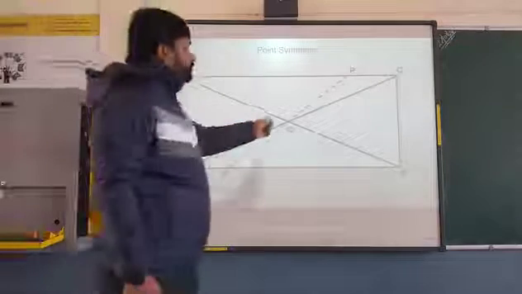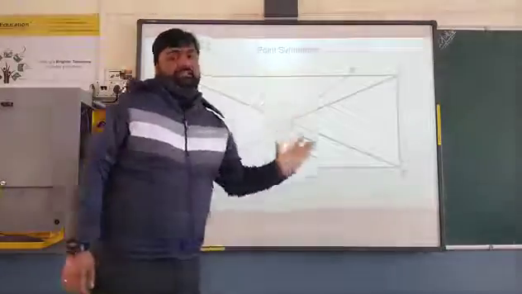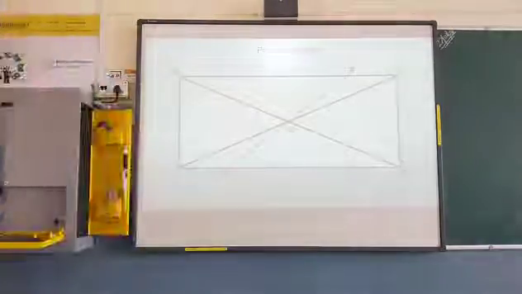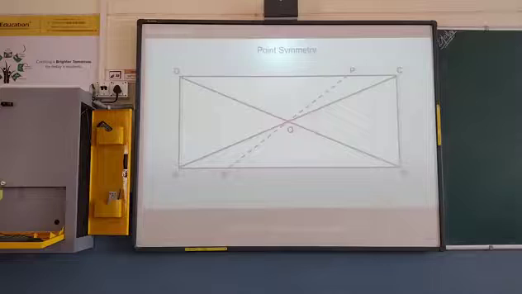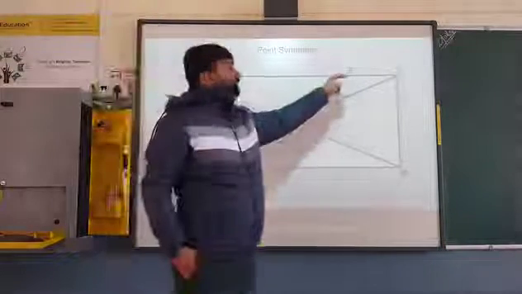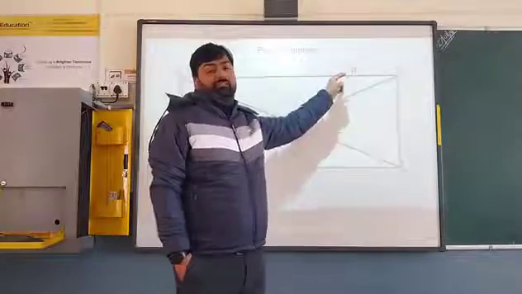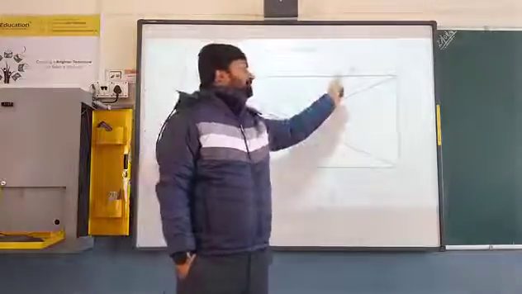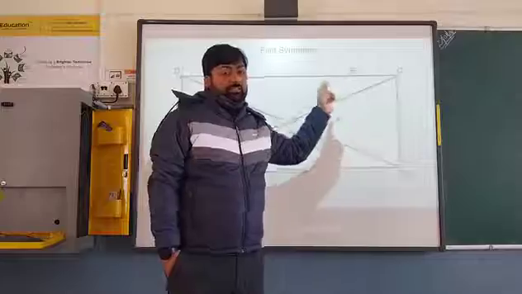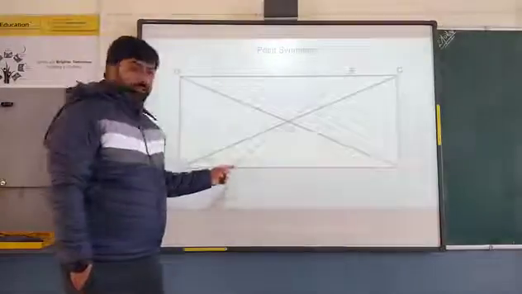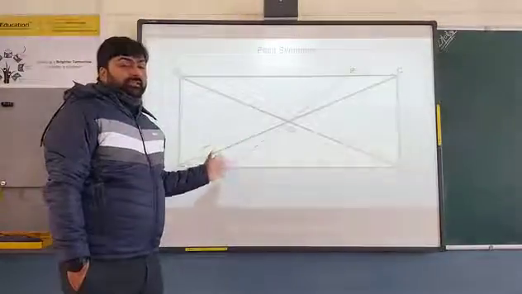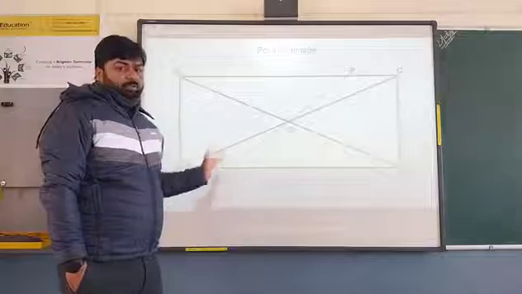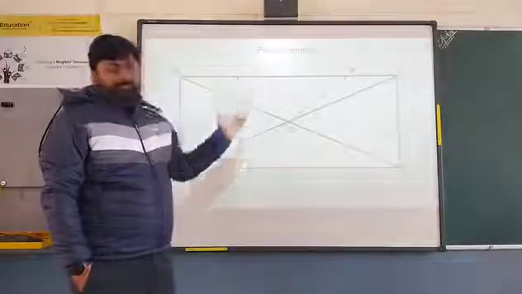So if we assume O to be the center, then for every point in the figure there is another point directly opposite. So in this figure we have taken the point P. For this point there exists another point opposite to it.